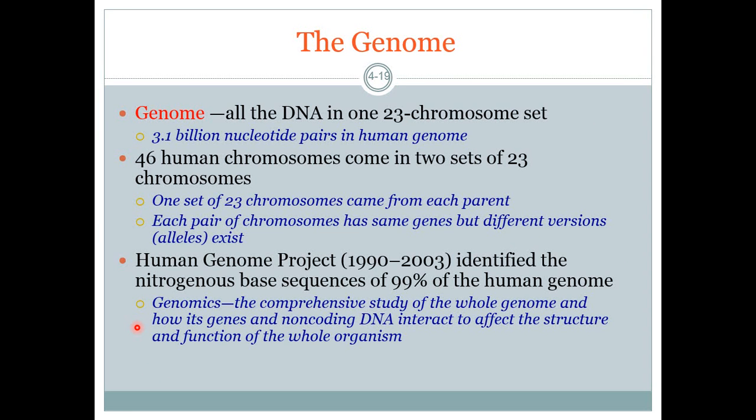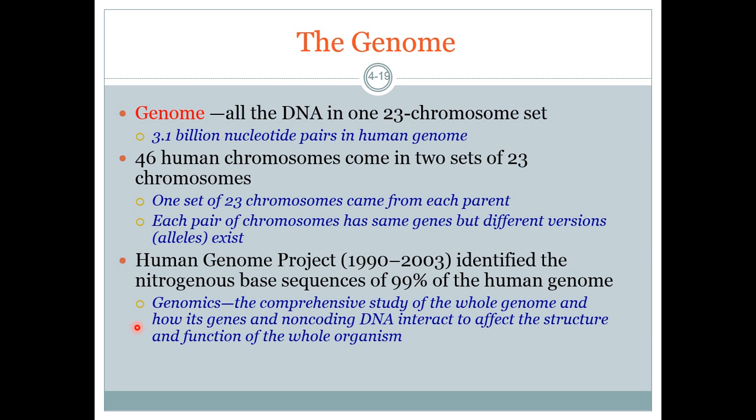The human genome consists of about 3.1 billion nucleotide pairs. The Human Genome Project revealed the base sequence of more than 99% of the genome. Genomics is a new field of biology that studies a genome and how its genes and non-coding DNA interact.